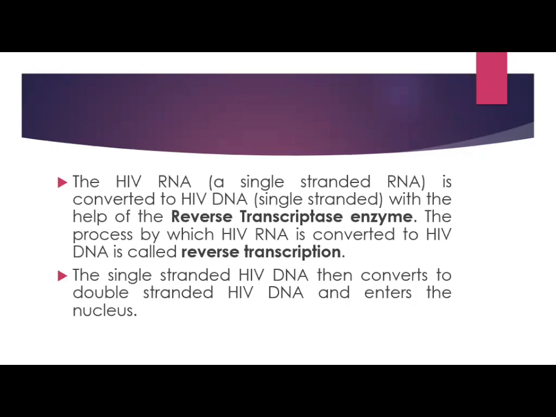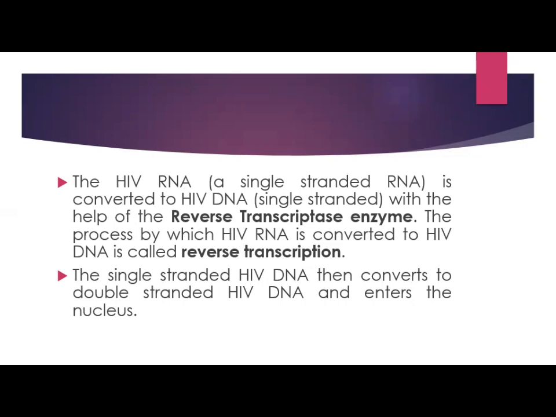There will be HIV DNA and the human cell DNA. So if it was RNA and DNA, they could not combine. So the reason why the HIV RNA is converting to HIV DNA is so that they can both be DNA, so that it can be easy for fusion.